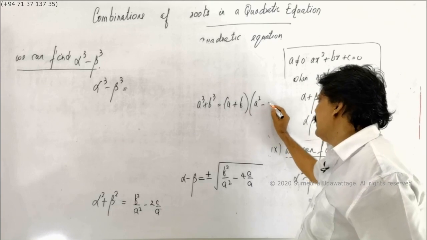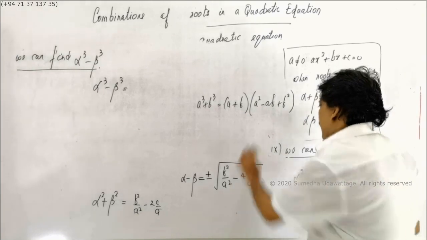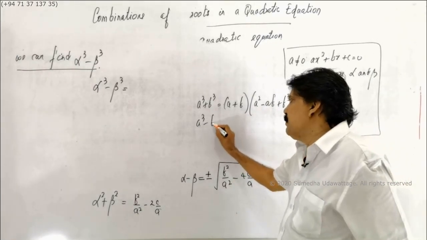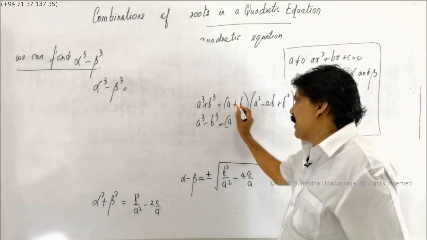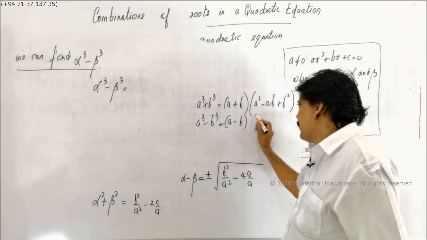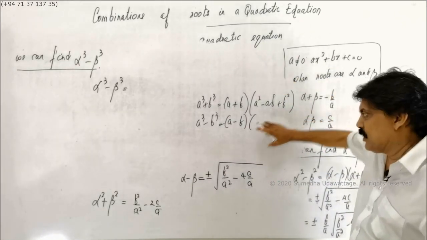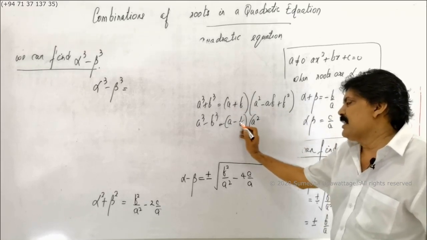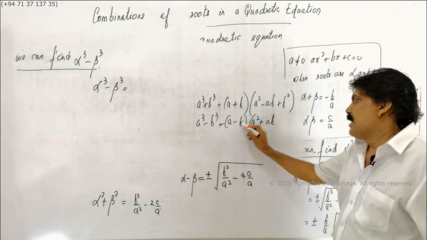You square this, multiply, change the sign, B square. In the same manner, A cubed minus B cubed: you take A. When it was plus, you put plus here. When it was minus, you put minus here. Then, as before, you write the second factor observing this, square the first value, multiply, change the sign. When you multiply, it is minus AB, change the sign, it will be plus AB, and you square this.